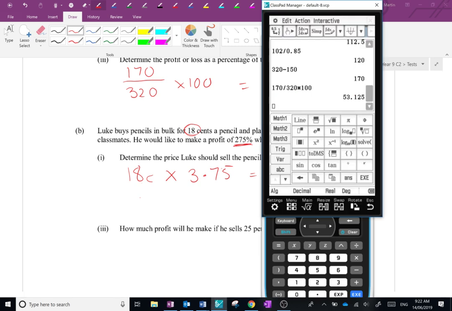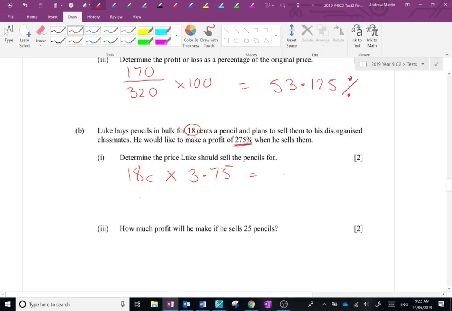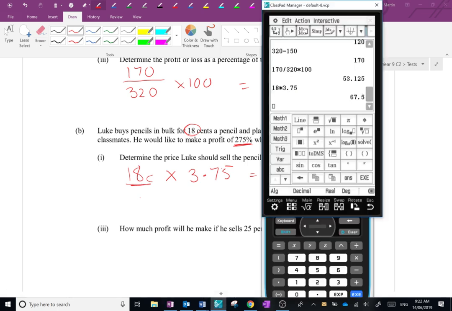So 18 cents multiplied by 3.75, so 67.5 cents. I'm going to have to write it like that, 67.5 cents. Now we can check that, because from 18 to 67.5, what's the profit there?